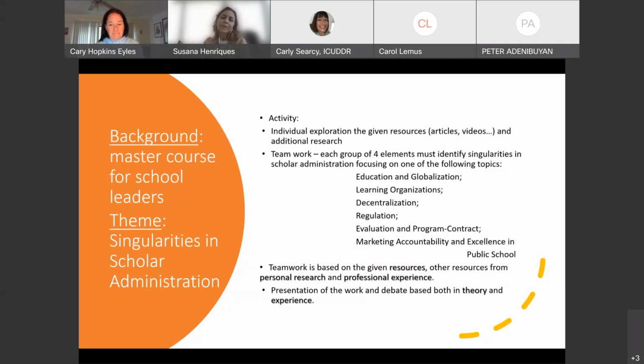Then they were proposed to work as a team, in groups. Each group had 4 elements, and each group must identify singularities in school administration, focusing on one of the following topics: education and globalization, learning organizations, decentralization, and so on.